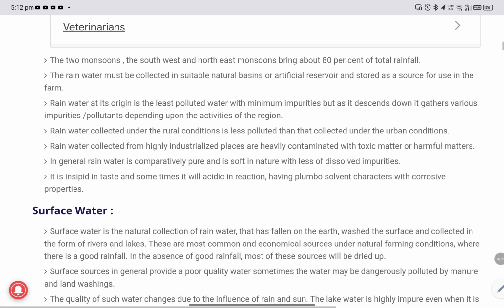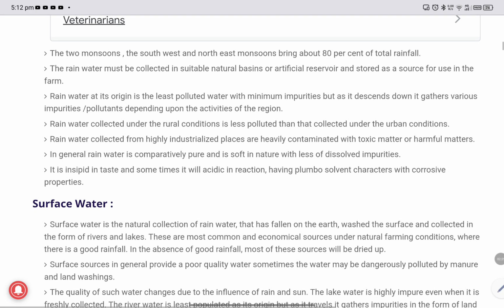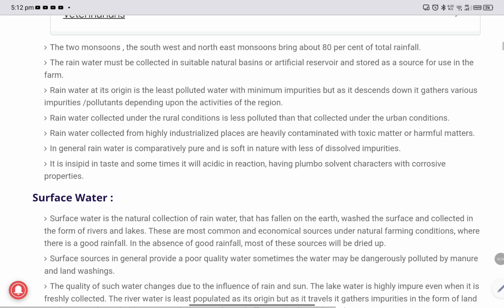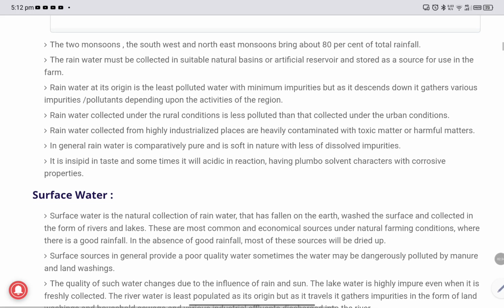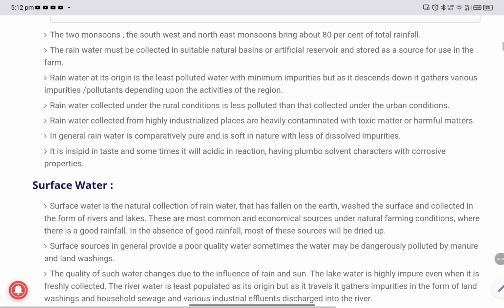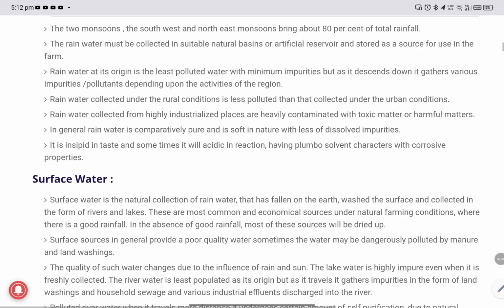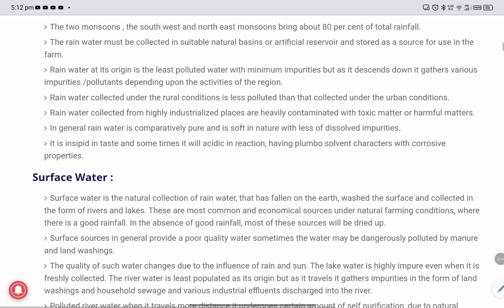Rainwater at its origin is the least polluted water with minimum impurities, but as it descends it gathers various impurities or pollutants depending upon the activities of the region. Rainwater collected under rural conditions is less polluted than that collected under urban conditions.